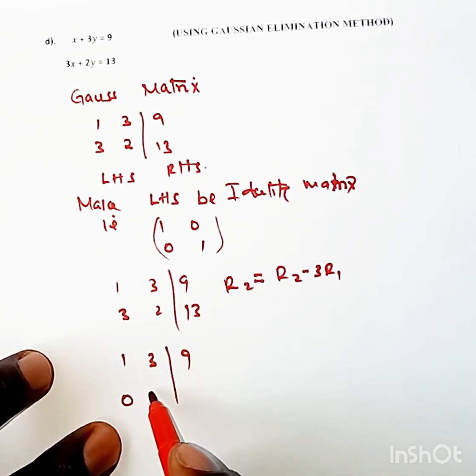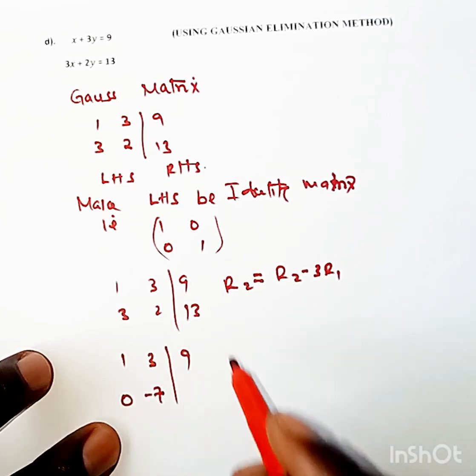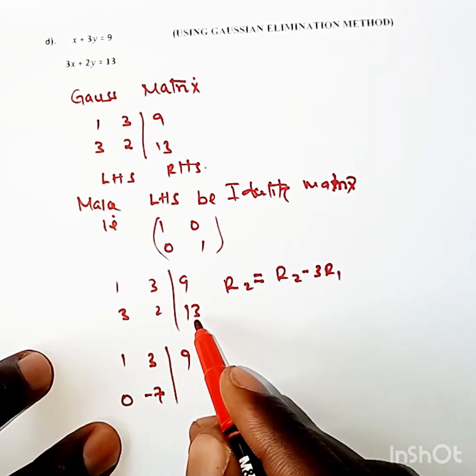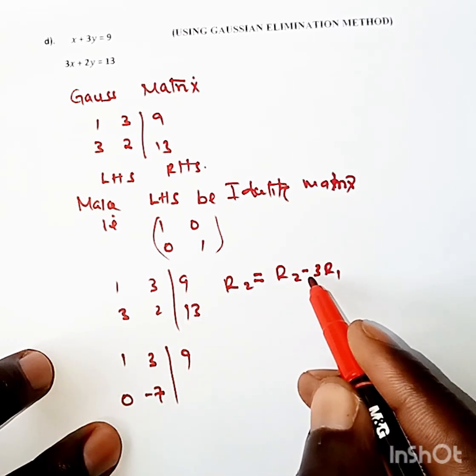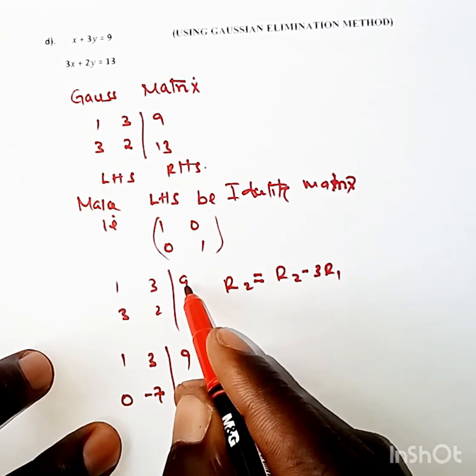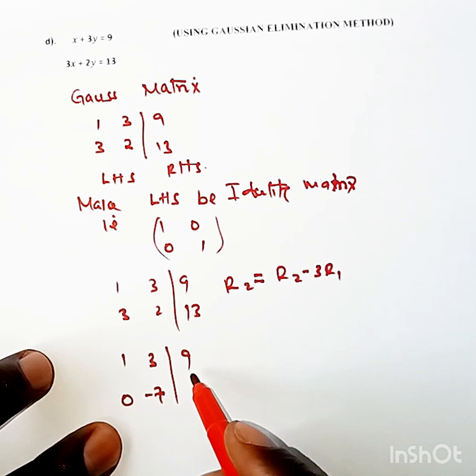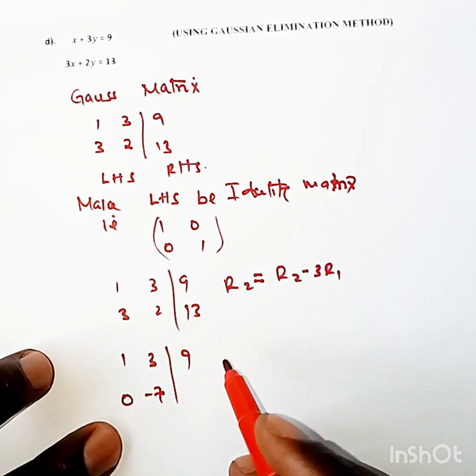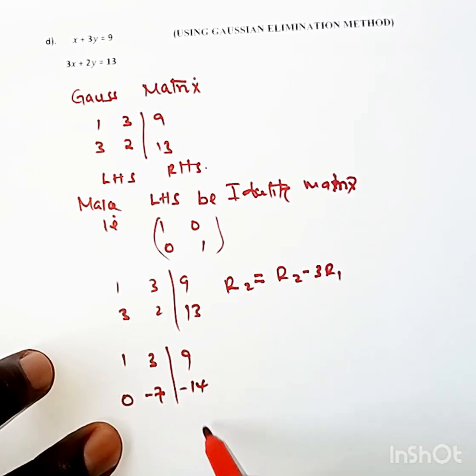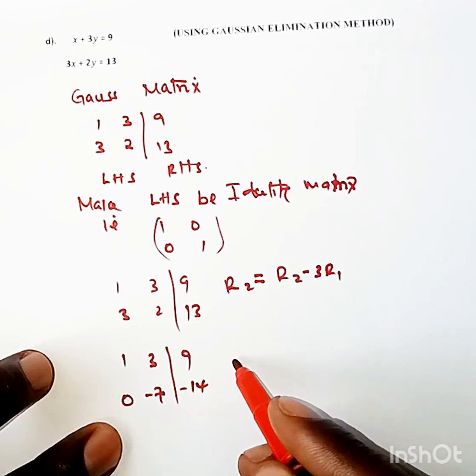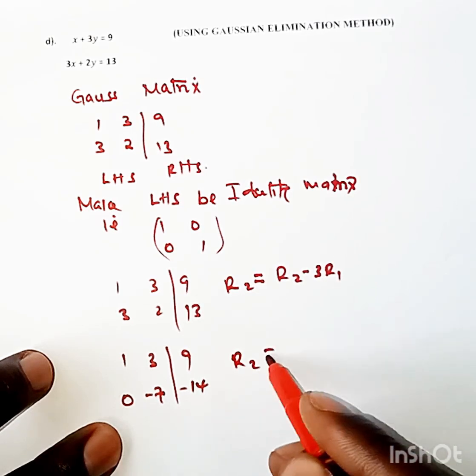So that gives us 2 minus 9, which is negative 7. The same applies for this. 13 minus 3 times 9. So that is 13 minus 27. That is negative 14.